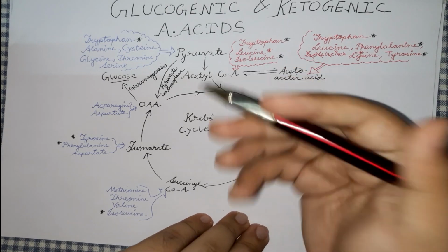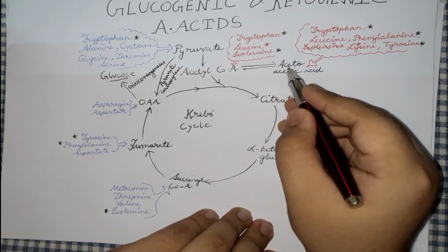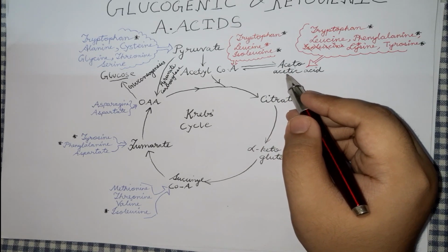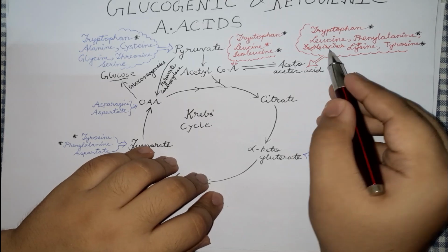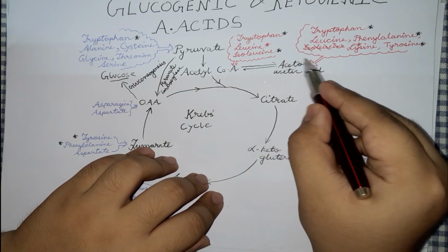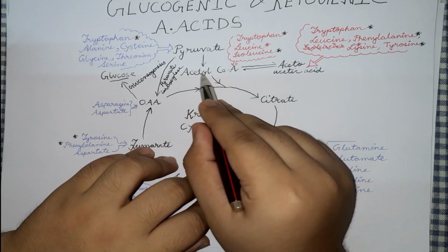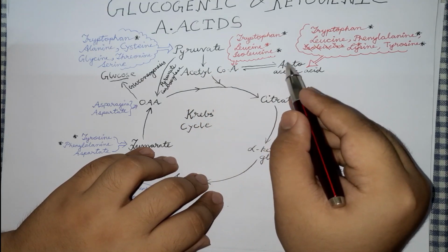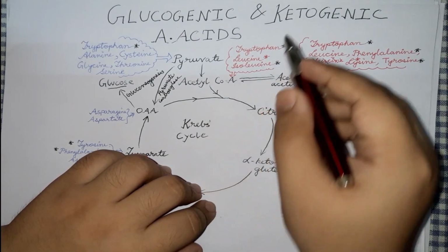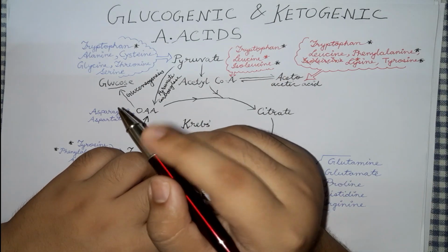What does that mean and why? Let me explain. You see, acetoacetic acid itself is a ketone body. So all those amino acids which lead to its formation directly or indirectly via acetyl-CoA are all ketogenic amino acids.